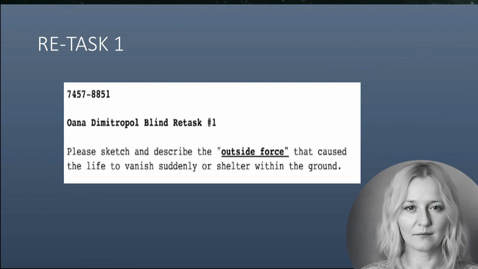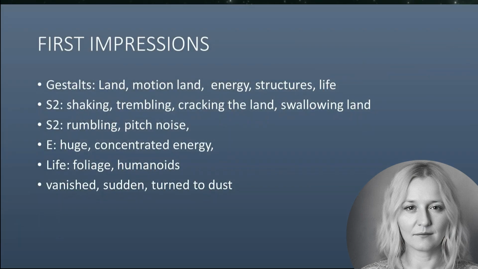And at that moment, I got my first task. Please sketch and describe the outside force that caused the life to vanish suddenly or shelter within the ground. And my first impression was land, motion, land, energy, structure, life. The land was shaking, trembling, cracking.